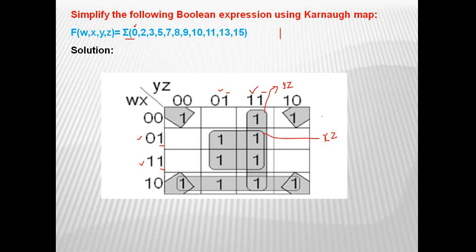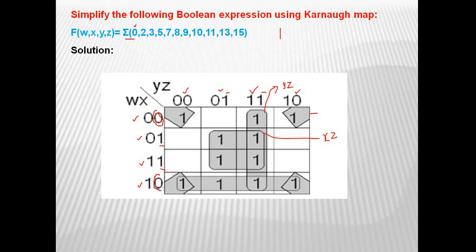Okay, and when you are considering these 4 corners, we should be very careful because we have to consider the terms y z bar, y bar z bar, w bar x bar, and this one w x bar. In this, what are all the common variables? We are having this x bar.